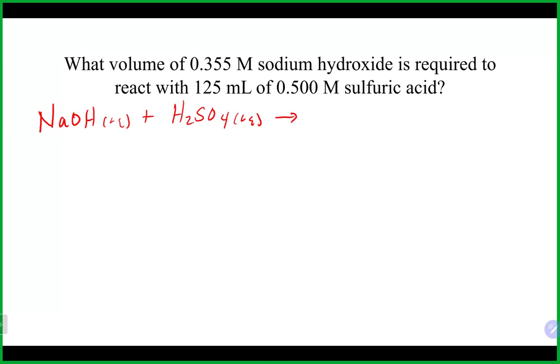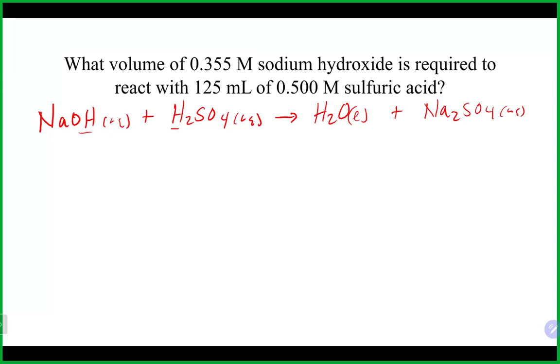So whenever you have the acid and base, you are going to create water, which is our H2O, and that comes from the H from the acid and the OH from the base. The salt's going to be the other thing made. And remember, sodium is +1, sulfate's -2, which means Na2SO4 would be the proper formula.